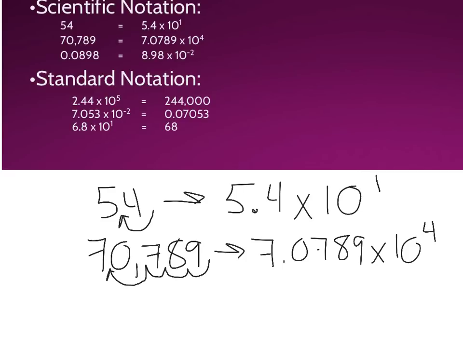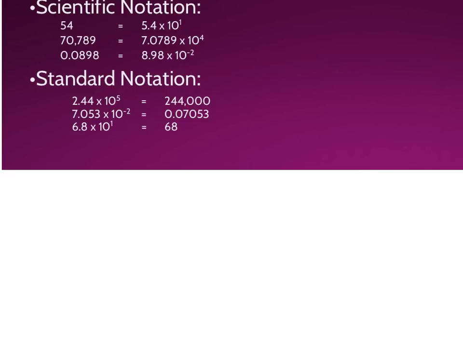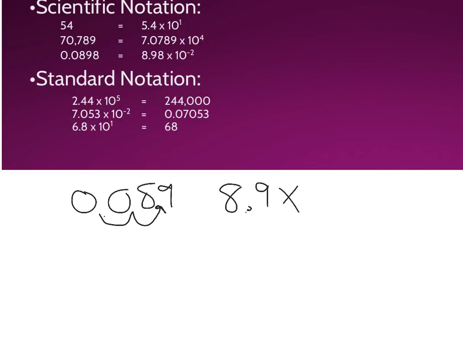Now, if we were going in the opposite way, if I was doing a very small number, then you would move the decimal to the right, and your exponent would be negative. So 0.0898, we need to move the decimal place 2 times. Remember, you need one number in front of the decimal, and we get 8.98 times 10 to the negative 2. Again, the exponent is negative because we had a small number.